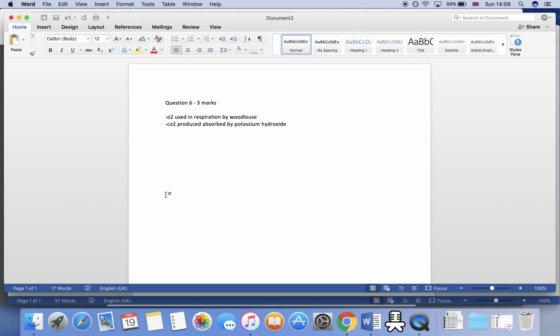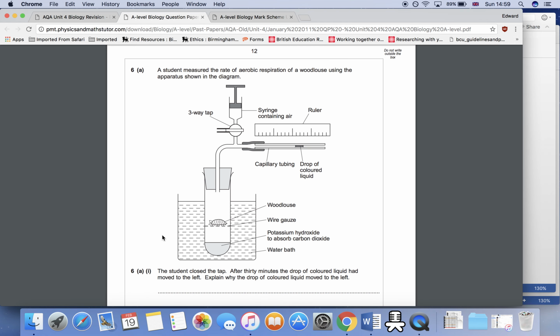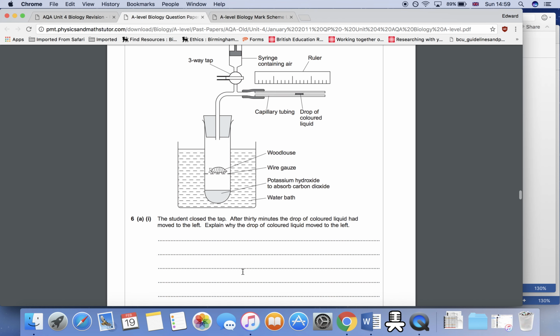And then the final thing, we need the third point. We need to talk about why this is actually moving the coloured liquid. It's actually a result of changes in pressure within this test tube.